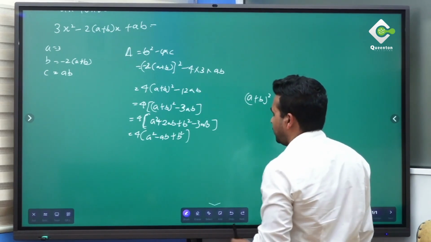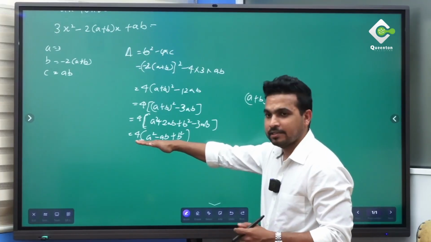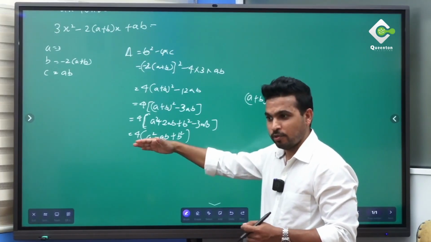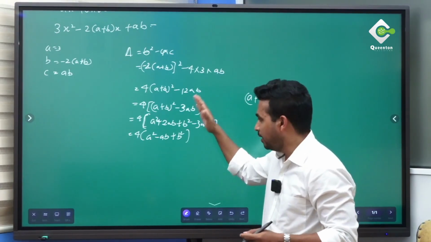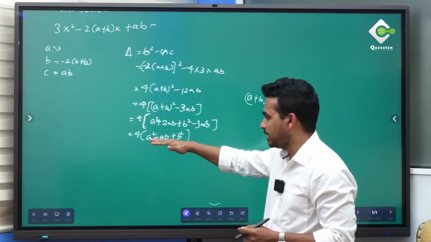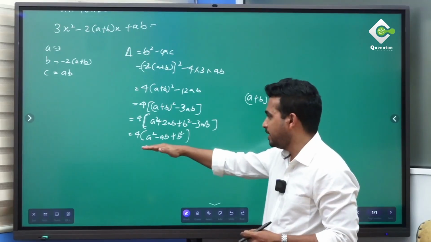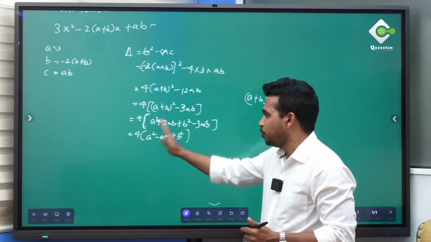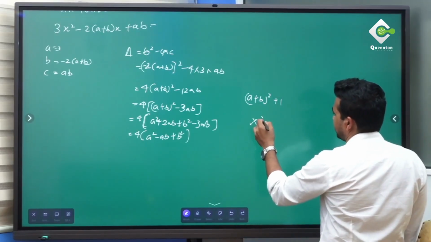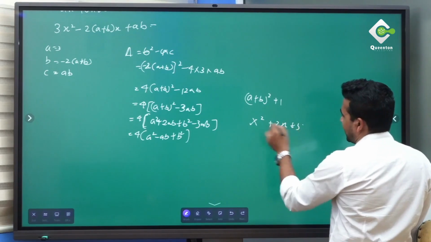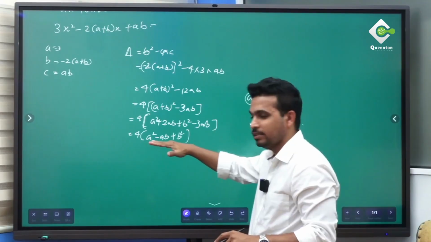What we can do is, as I have taught you, if you get a quadratic equation and need to prove it is positive, we go for completing the square. I have done so many example questions. Normally we get this kind of equation with one unknown x, but here we have two unknowns.